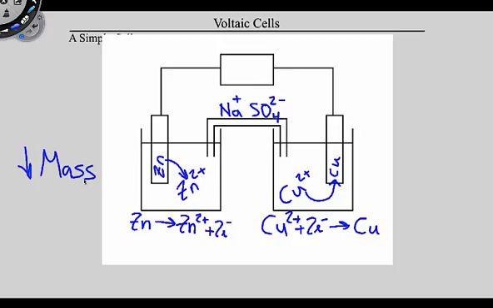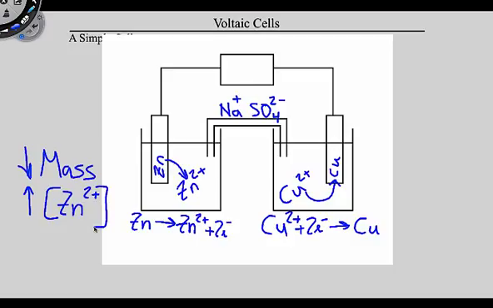And is that enough that you understand we're saying the mass of the electrode? But now, guys, what about the concentration of the solution? What is happening to the concentration of zinc ion in solution? It's going up. So increasing zinc ion concentration.